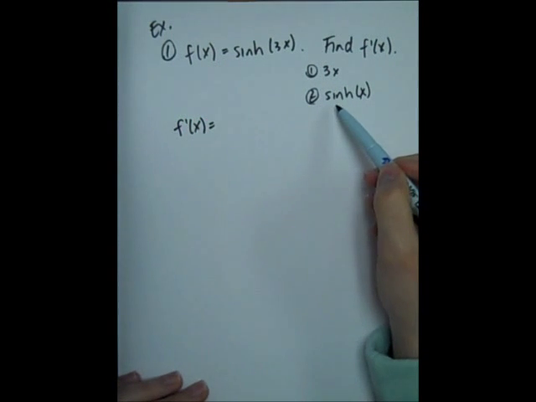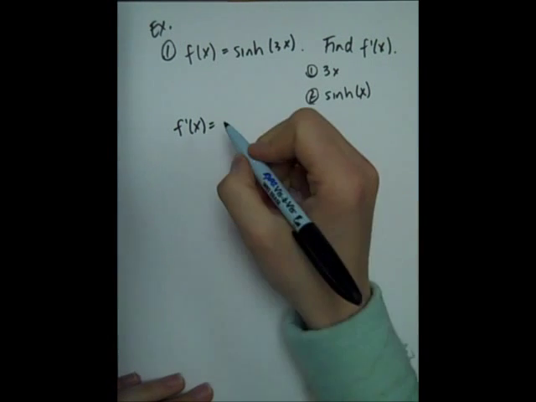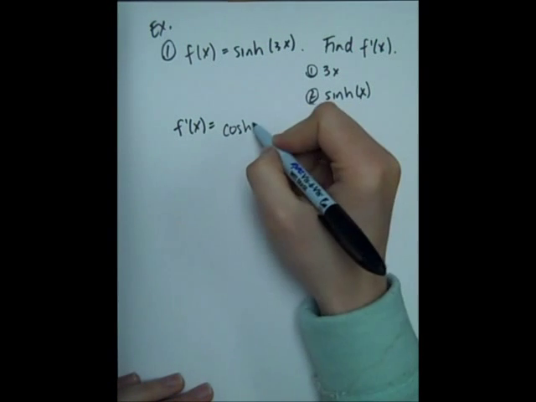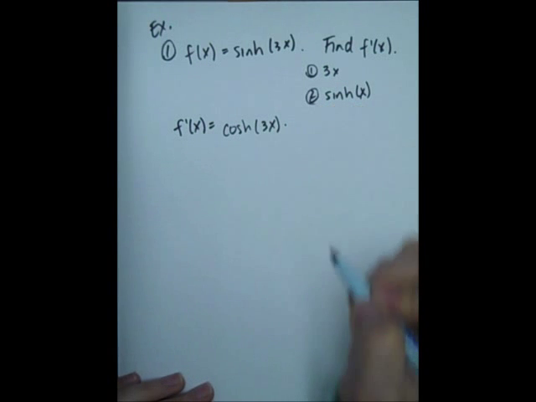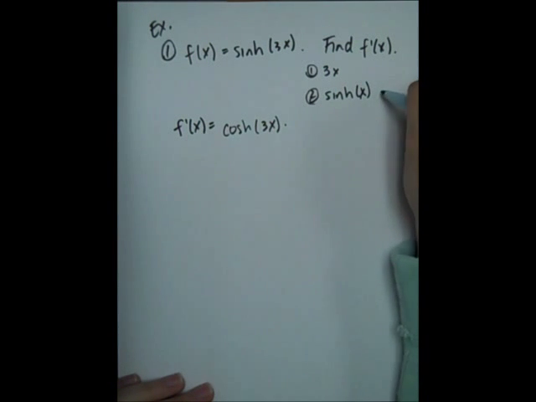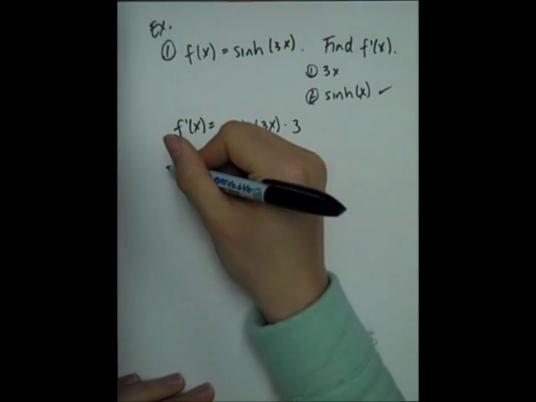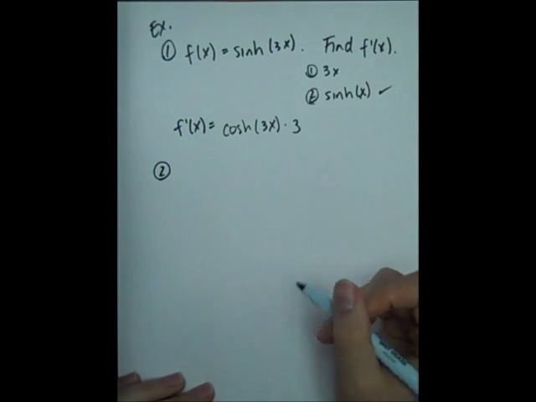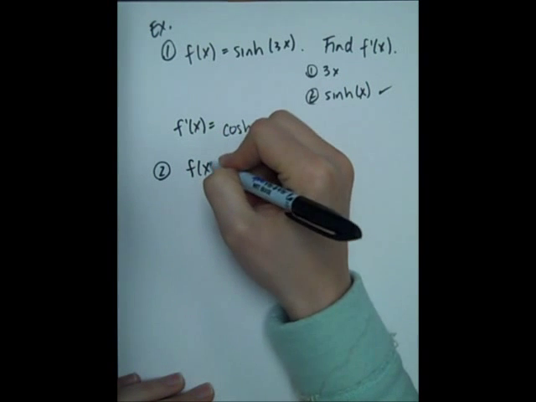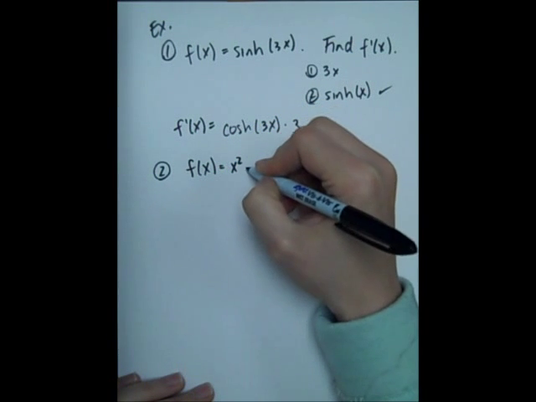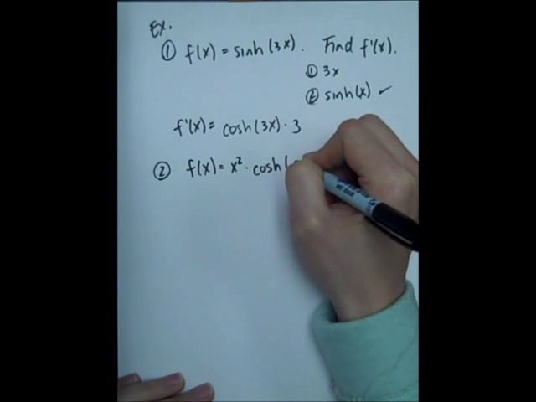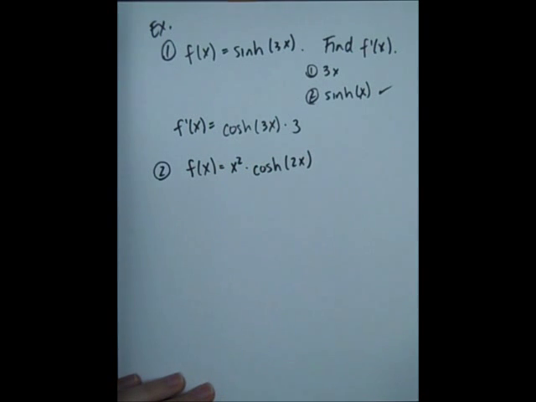So what do we say the derivative of hyperbolic sine is? Just hyperbolic cosine. No need to worry about is it minus or anything like that. And then moving up in this ladder, derivative of 3x is just 3. So there's my derivative.